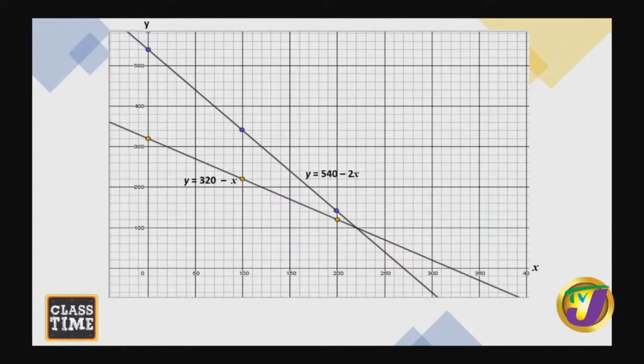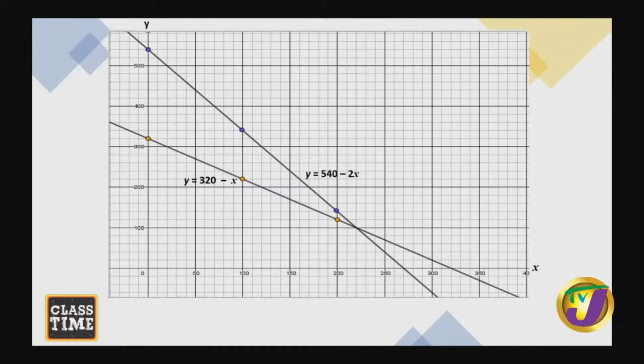The first being a representation of what I purchased, which is a line y equal 540 minus 2x. And the second would be the line representing your purchase, which would be y equal 320 minus x. And it's very important to label our lines as we're working so that we can keep track of what we're doing.